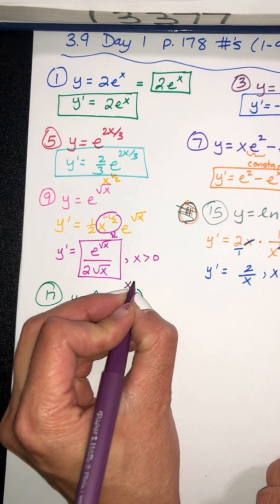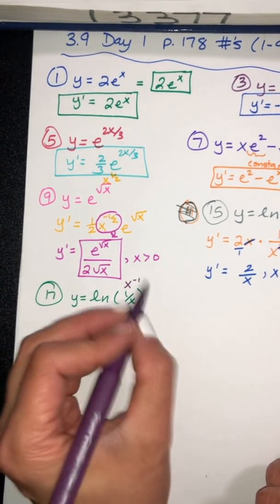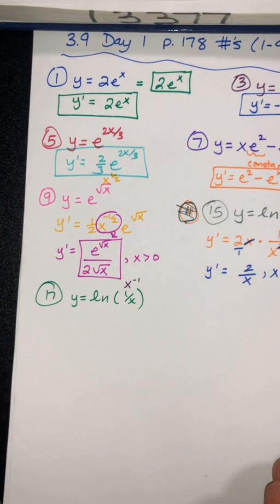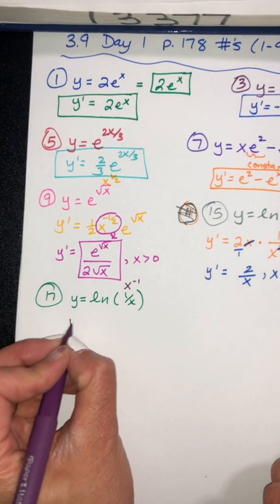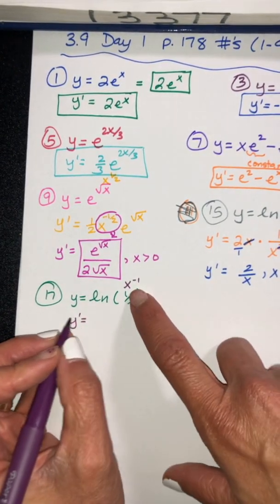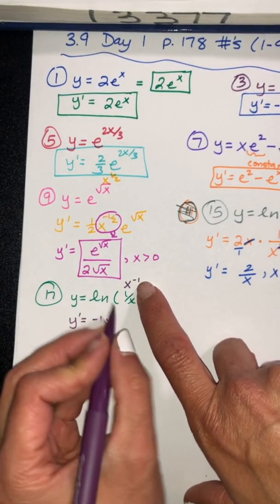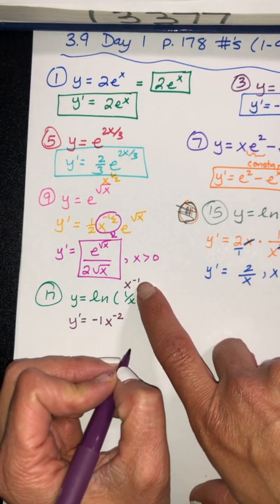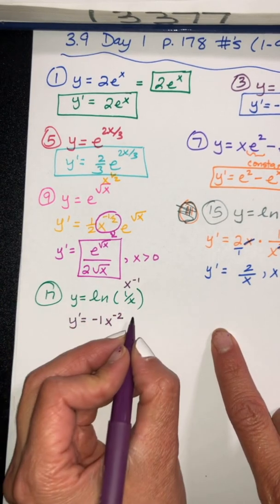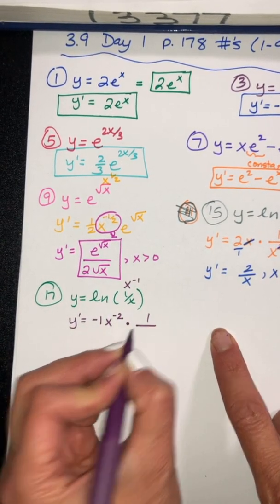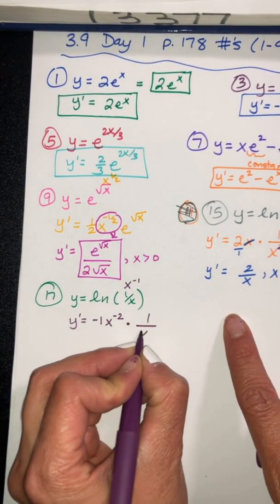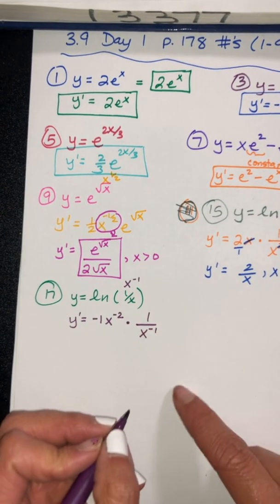We can write this as x to the negative 1 power because we're going to have to take its derivative because we have to do the chain rule, take the derivative of the inside. So the derivative of x to the negative 1 power would be a negative 1 x, and then we have to subtract 1 from that, so that would become a negative 2. And then the natural log becomes a 1 over the input. We'll just leave it as x to the negative 1 power.